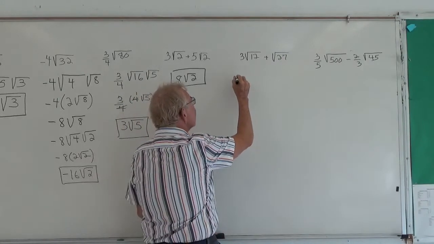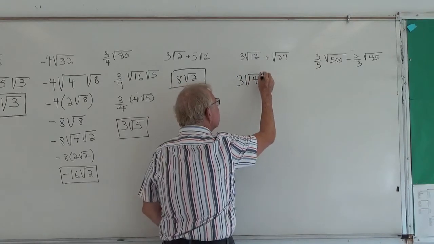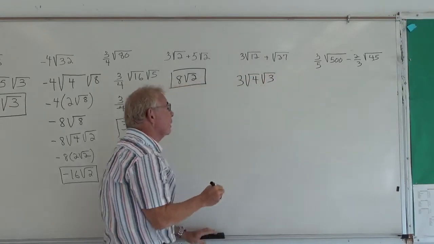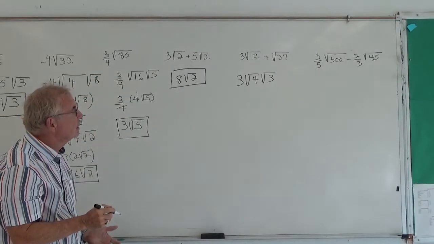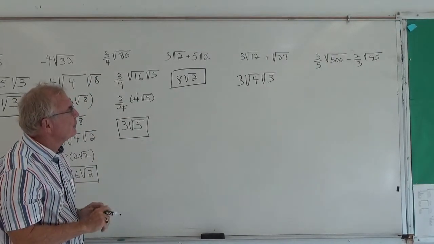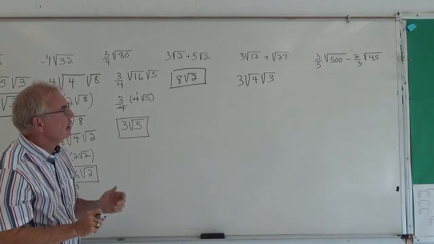What's a perfect square into 12? 4. Say, wait a minute, 4 and 3. Okay. But they're not 27. Well, wait a minute. What's a square into 27? You say 9.